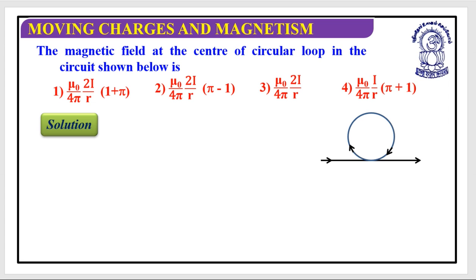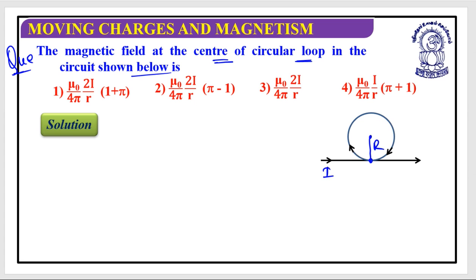It's a magnetic field they require at the center of the circular loop in the circuit shown below. Yes, this is the center, and let's assume that this is distance r. It's the radius for the circle, as well as the distance for the wire.